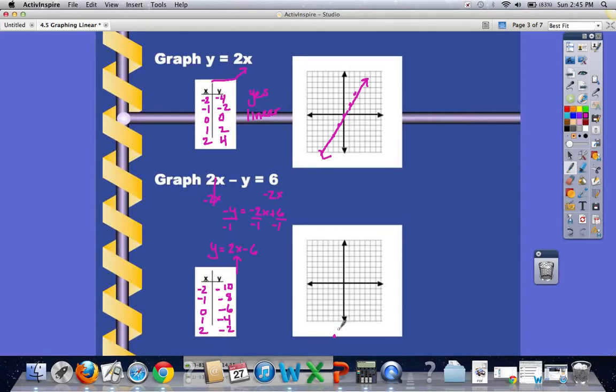Oops. Okay. 0, -6 is going to be 1, 2, 3, 4, 5, 6. 1, -4. 1, 2, 3, 4. And 2, -2. And draw your line.